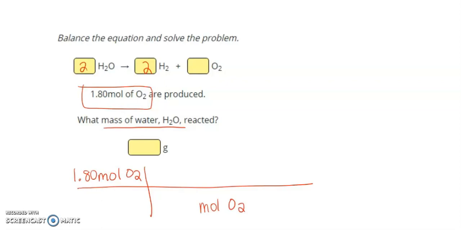So I'm going to have to get to an intermediate step. I'm going to have to go to moles H2O because I know that 2 moles of water makes 1 mole of O2. So I can put moles H2O up there. So I'm not done yet because I'm not at grams of water, so I'm going to have to drag down mole H2O.